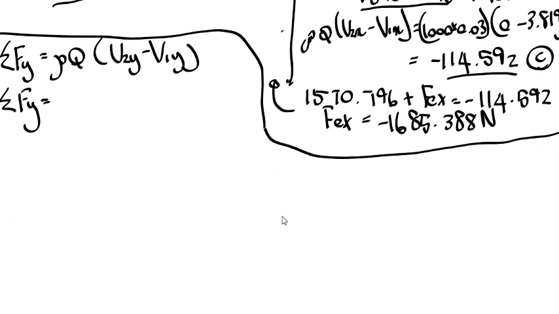And let's continue. All right, so we know that it will be the pressure at point 2 times the area at point 2, and it's in the opposite direction. So remember, we said upwards is positive, so this will be negative.